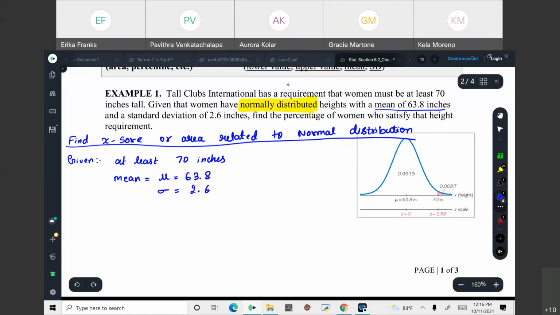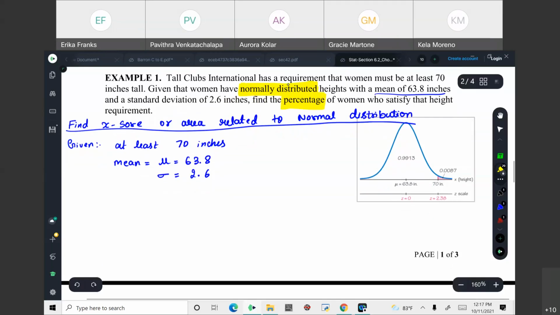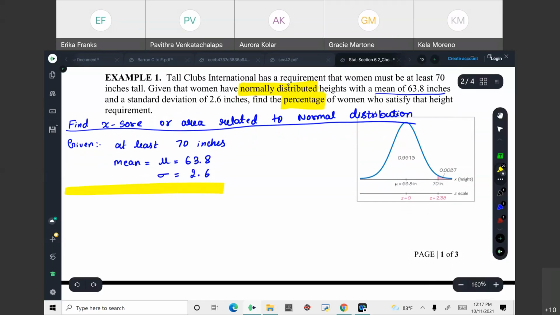It is all given in the problem. Now they are asking us to find the percentage. Now remember, whenever they ask you to find a percentage or a probability, that means you will be calculating the area. So they may ask you to find the area in other terms also. Do not get confused with that. Okay. Now that we know the given values, we have the given values.